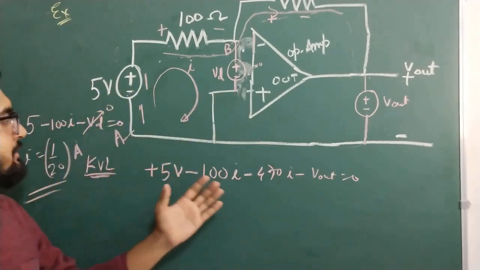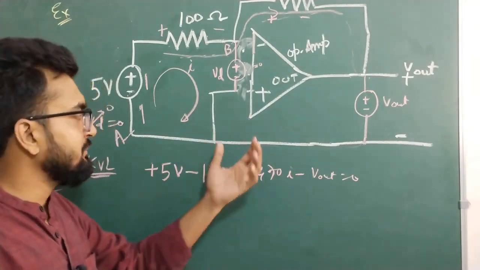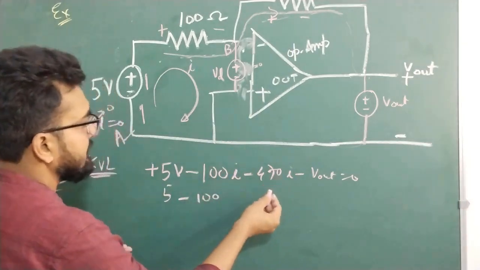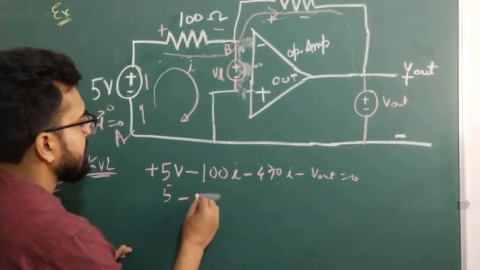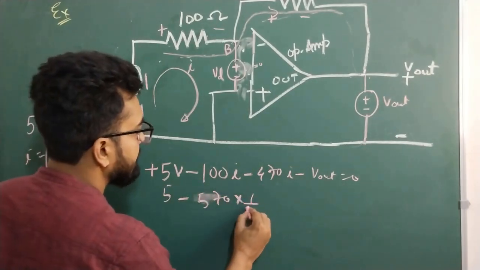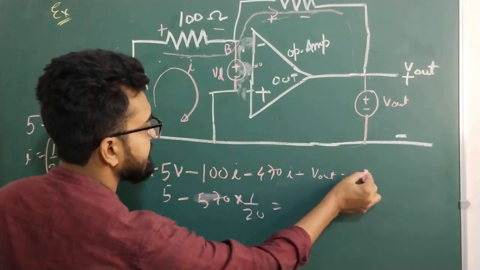Now put this current value in the first equation, and that will give us the output voltage of the amplifier. So 5 minus 100 plus 470, which totals 570, times 1/20, that is the current, equals Vout after taking it to the other side.